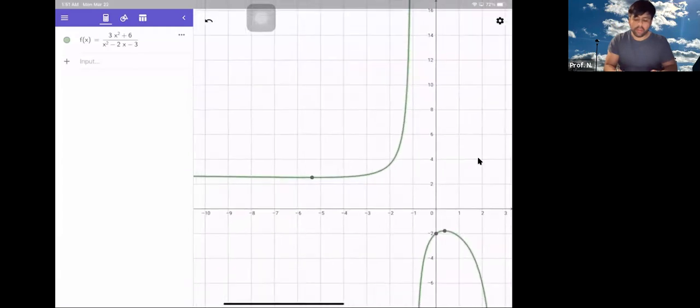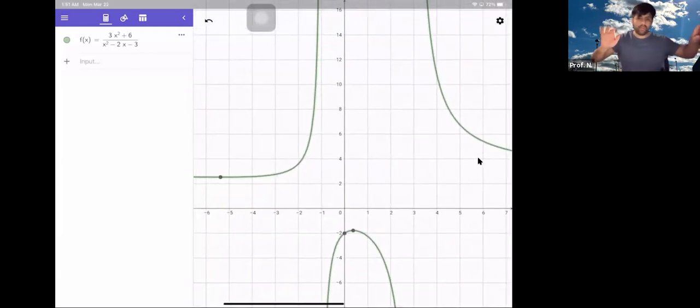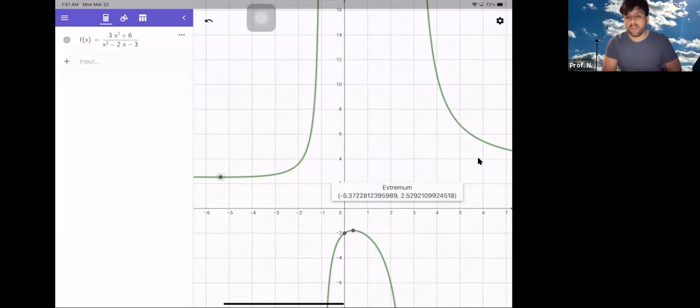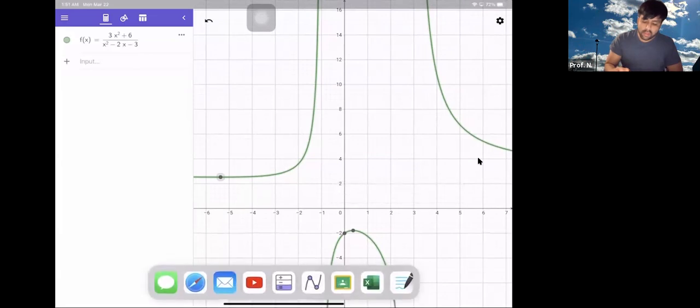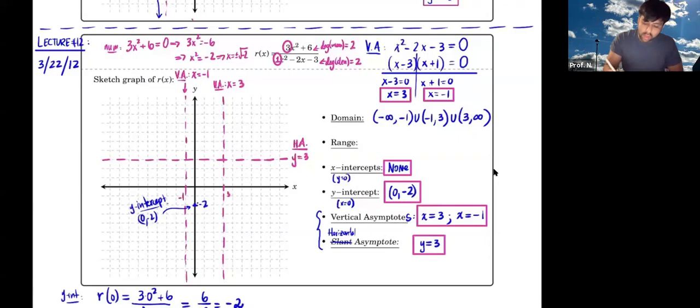If you compare these two portions, the left green portion and the rightmost green portion, the smallest y value is the y coordinate of this point, 2.529. So I'm going to write that. That means that everything above 2.529, everything above this, is part of the graph.